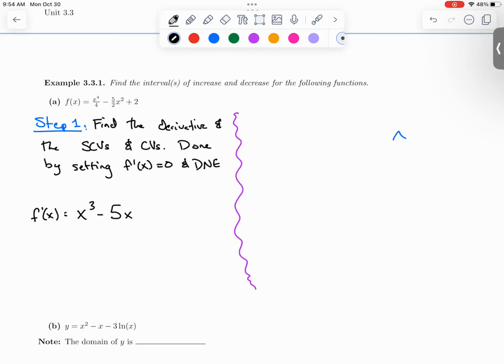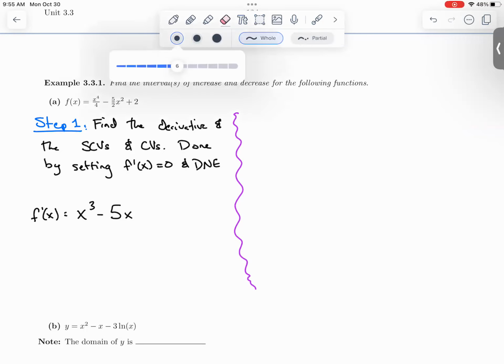So we find the derivative and we find the semi-critical values and the critical values. The critical values will play more of a role once we start talking about relative extrema. But the semi-critical values tell us more about intervals of increase and decrease.